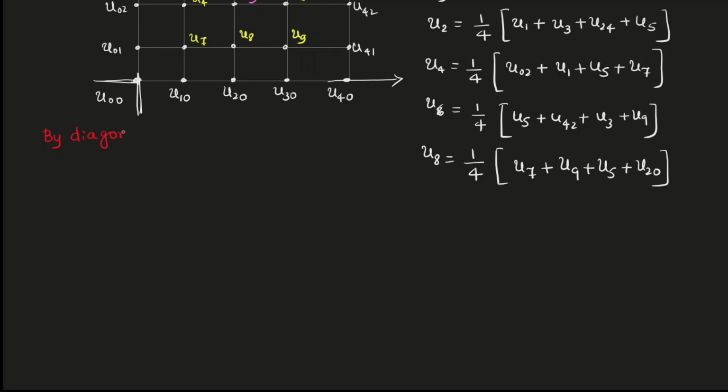So U1 is equal to what now? It is 1 by 4: U04, left value U02, U24 plus U5.